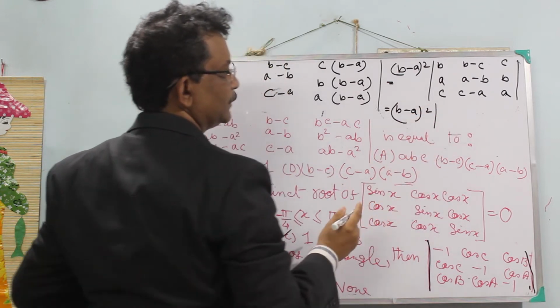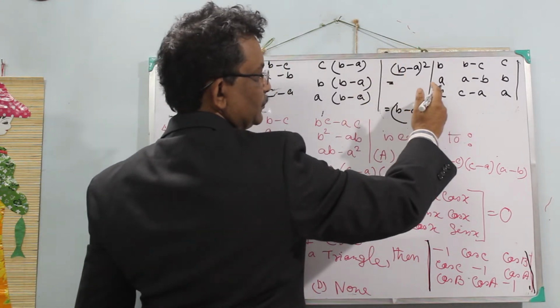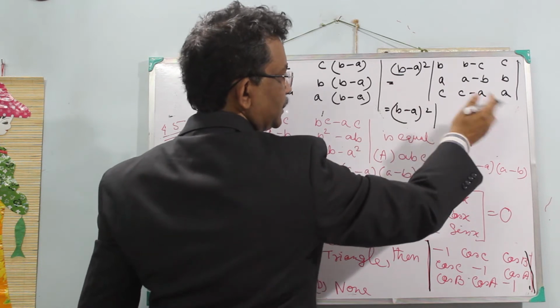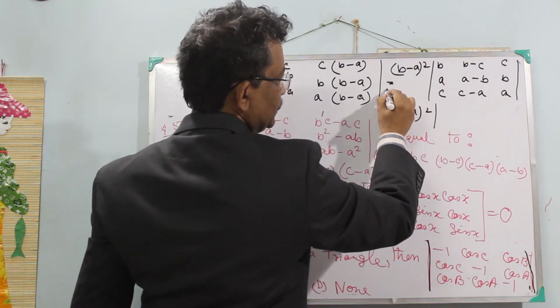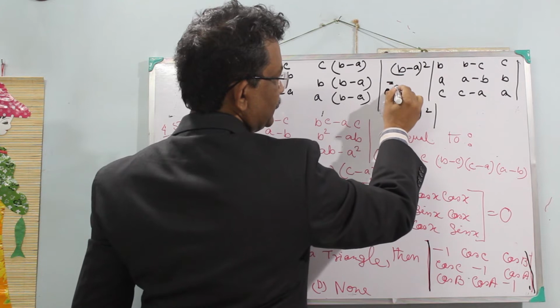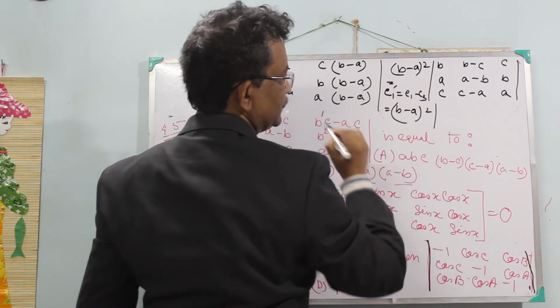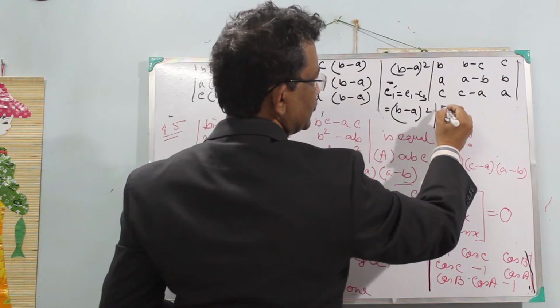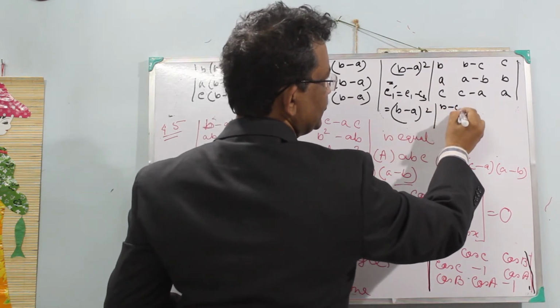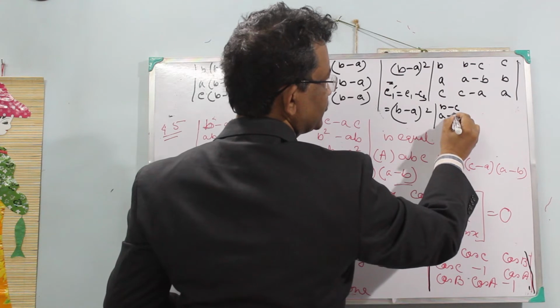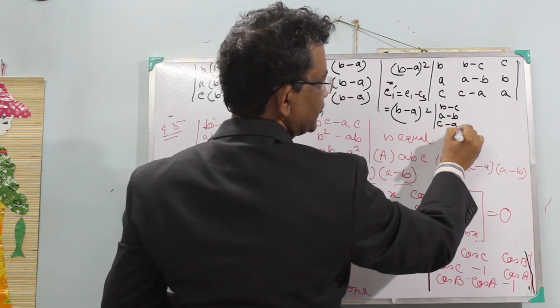Now do one thing: from the first column we deduct all the elements of the third column. C1 dash is equal to C1 minus C3. So it becomes b minus c, a minus b, c minus a.